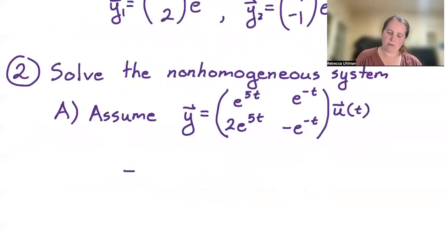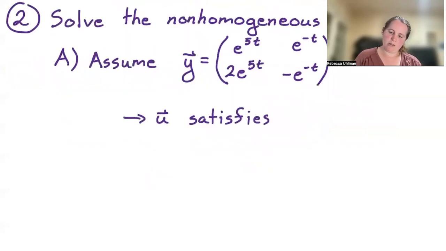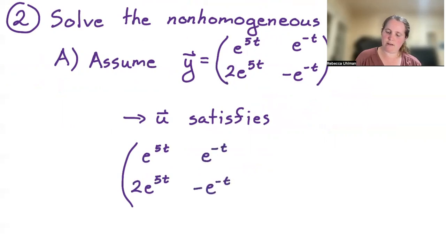Then we know that u satisfies our fundamental matrix, e to the 5t, 2e to the 5t for the first column, e to the -t, -e to the -t for the second column, times u prime is equal to our f of t.